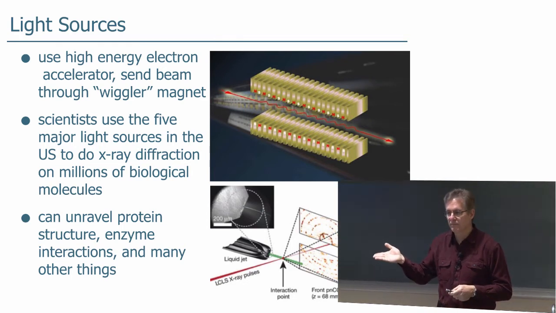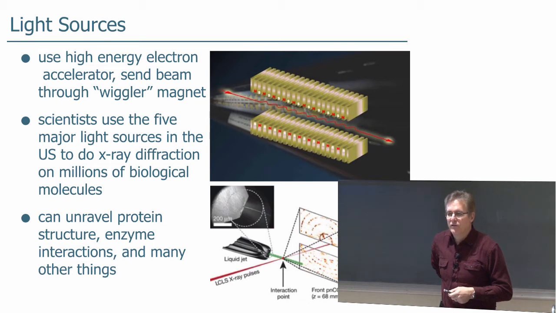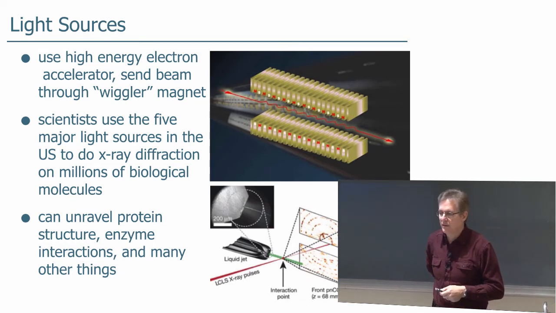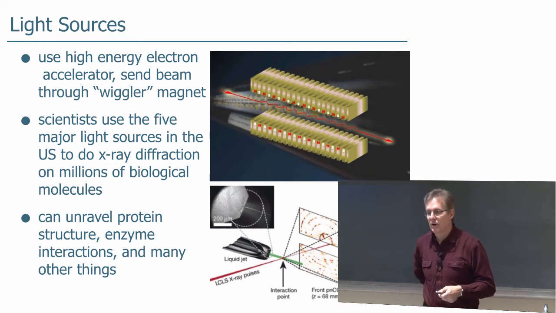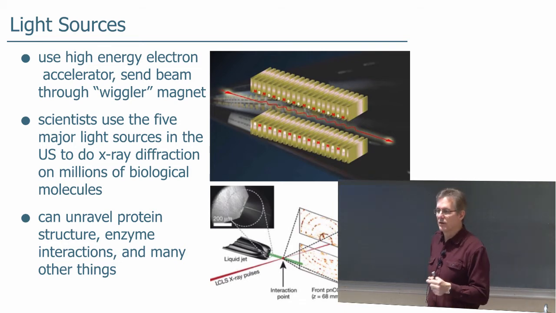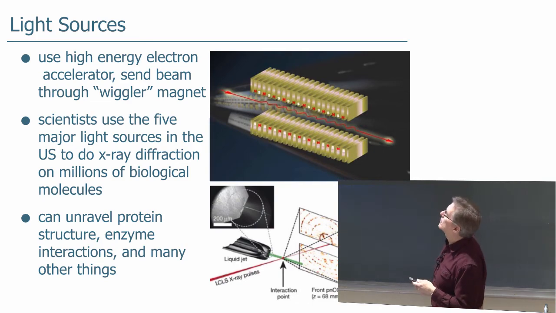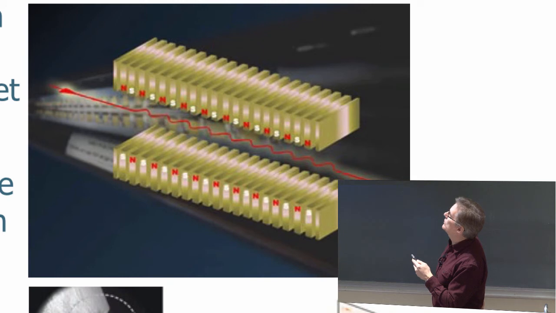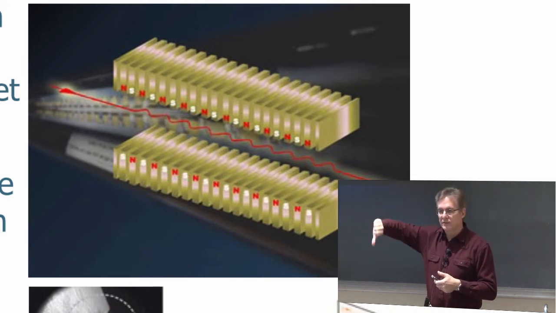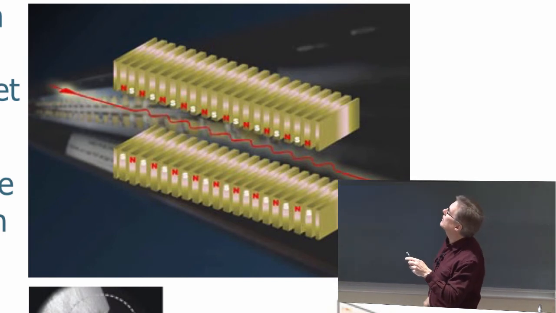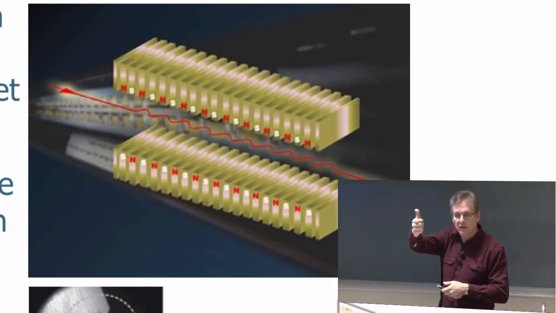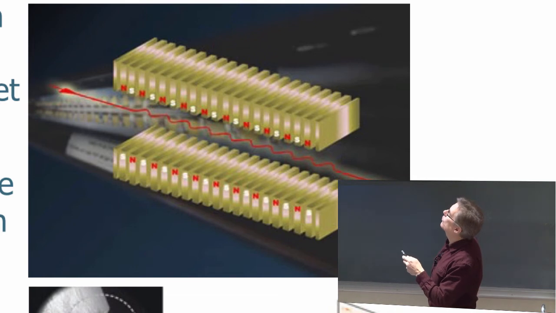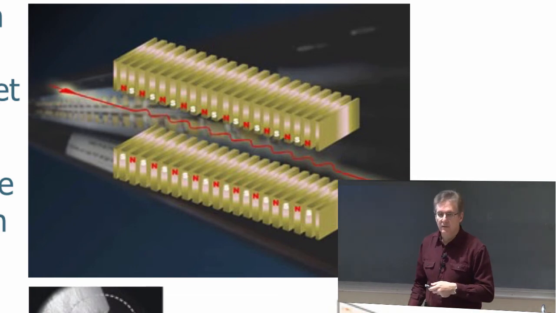In my own field, particle physics, we've developed ever higher energy particle accelerators, including particle accelerators that accelerate electrons, which are very light particles. When you shoot a beam of high energy electrons into a region where you have magnets arranged such that the north and south poles of each magnet are alternating, it wiggles the direction of the electron.